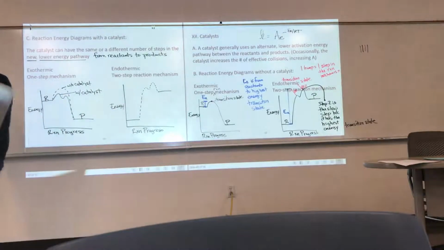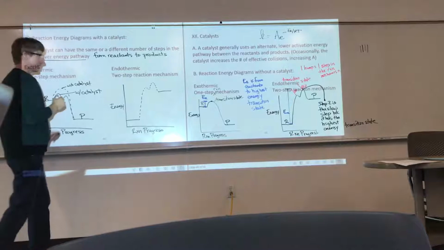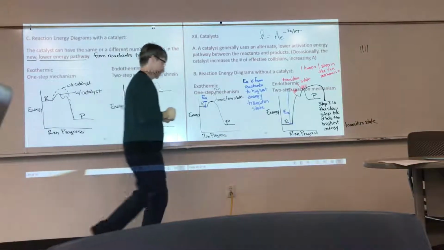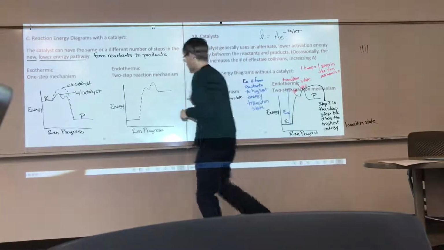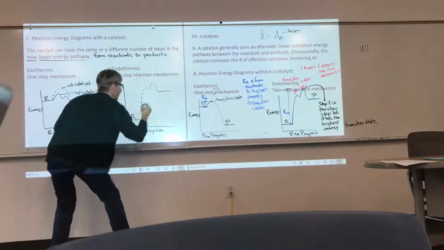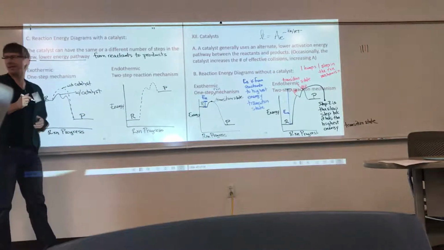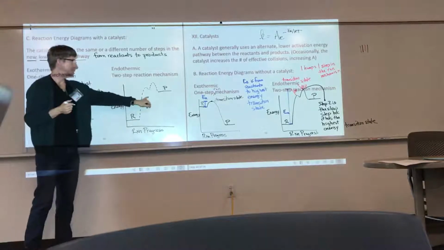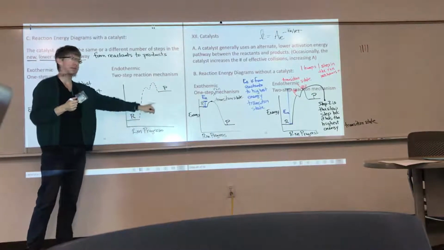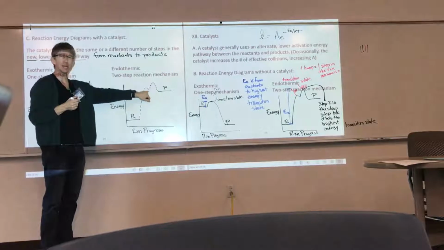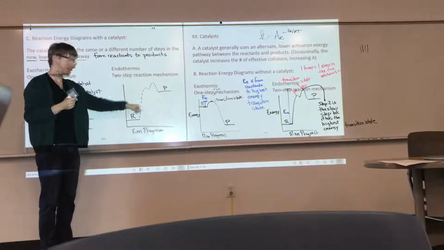Actually, it came out better than I had imagined in pretty much my wildest dreams. Gives you an idea about my wildest dreams. And all we have to do is now draw a pathway from reactants to products that has a lower energy way of getting there.